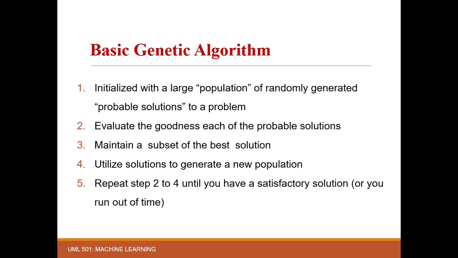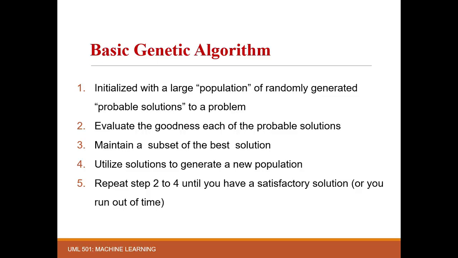Then after initializing your population set, you have to calculate the goodness of each probable solution. That means for every element of your population set, you have to calculate the goodness value.